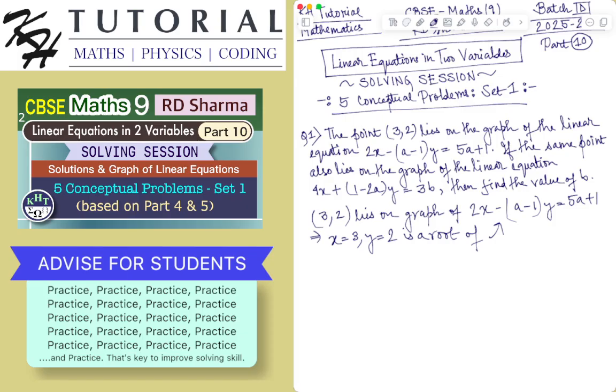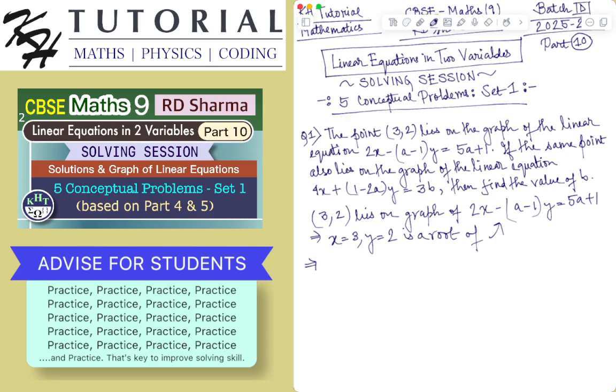So we know that a point on the graph of a given equation, when considered as an ordered pair, will be a root of the given equation. Conversely, a root of a given equation when considered as an ordered pair will be the coordinate of a point on the graph of the equation. So this means that x equals 3 and y equals 2 will satisfy the equation.